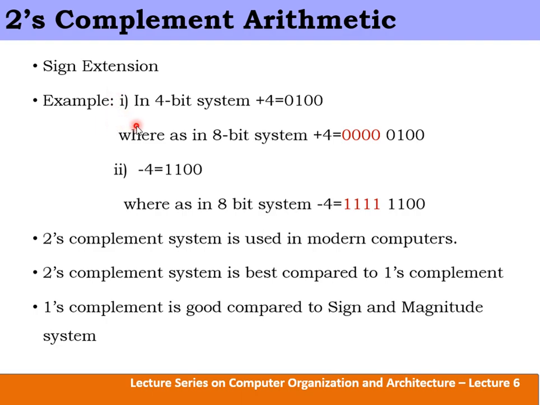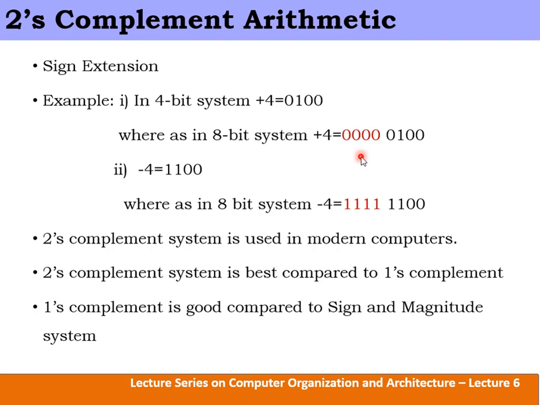For example, in a 4-bit system plus 4 is denoted as 0100. If I want to represent the same number in an 8-bit system, plus 4 can be represented by copying the MSB bit, or the sign bit, for the remaining positions. Here the MSB bit is 0, and that same bit is copied for the rest of the bits.